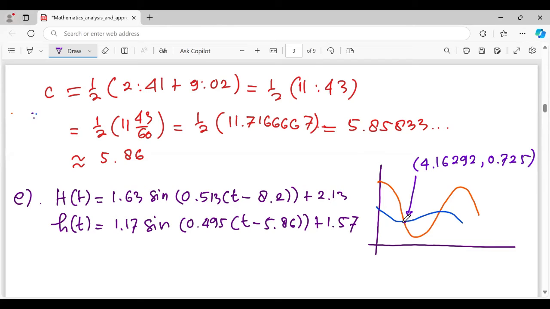So T is here, at the same height. So T equals 4.16292, and you can approximate it to 4.16, three significant figures.